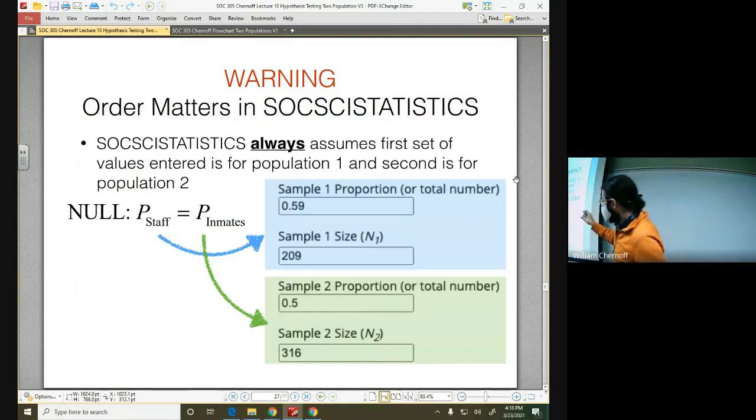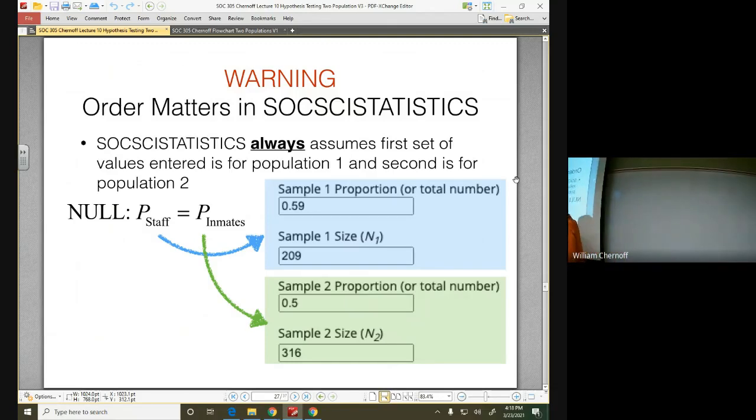So you'll go to this website. There are going to be two fields. Here they call it sample 1, and here they call it sample 2. If your null hypothesis is that the proportion of staff equals the proportion of inmates, and staff are your group 1, population 1, then all the information from your sample goes in this first field.